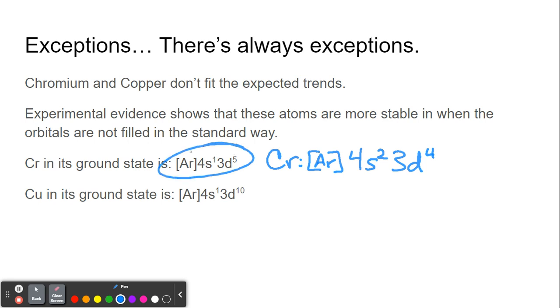Chromium is more stable with only one electron in the 4s orbital and 5 electrons in the 3d orbital. So the orbital diagram for the end of chromium actually looks like this.